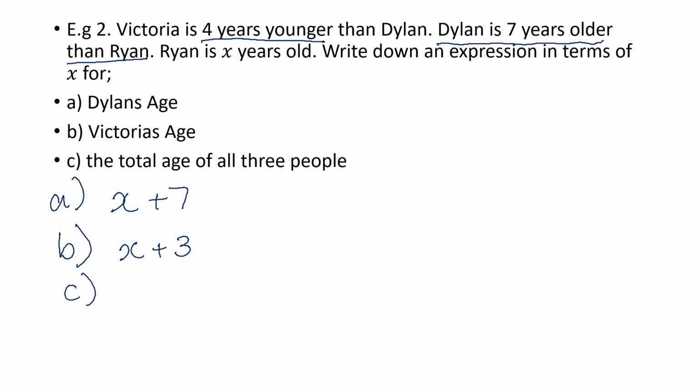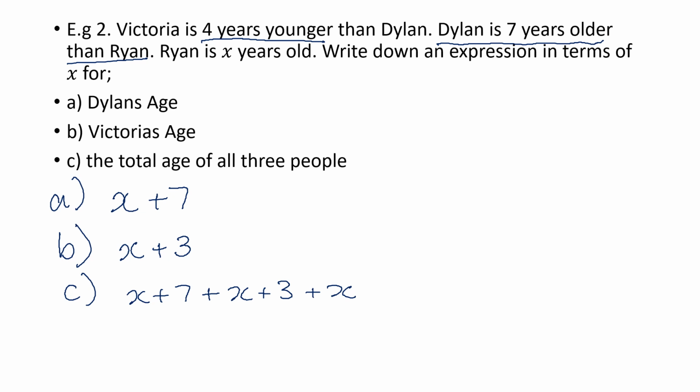And finally, the total age of all 3 people, well, that will be Dylan's age, Victoria's age, and Ryan's age. So we know Dylan's age is x plus 7. And we're going to add on to that Victoria's age, which is x plus 3. And we'll add on to that Ryan's age, which is simply x.